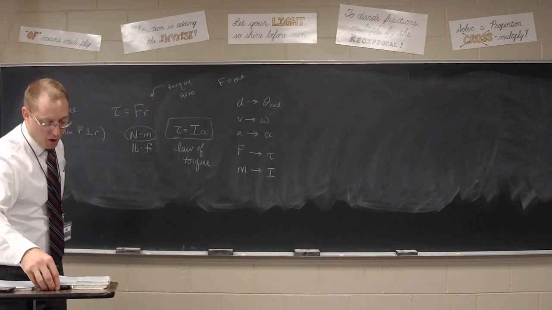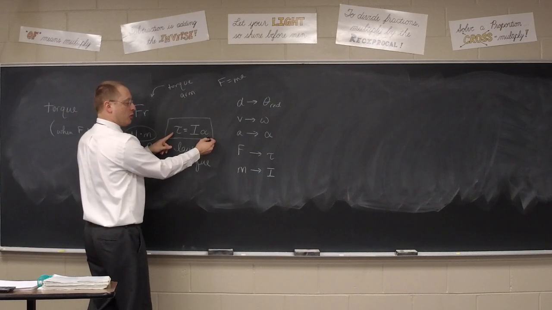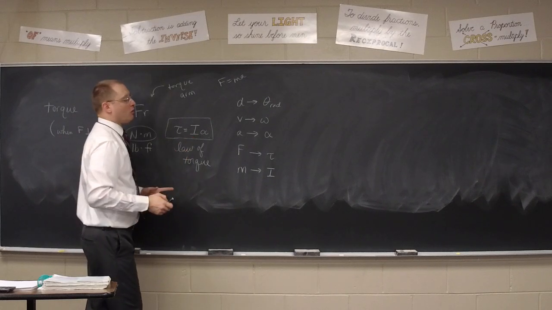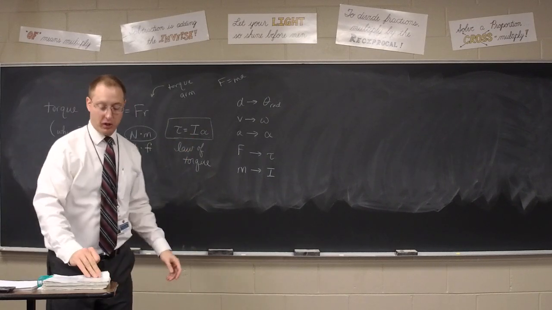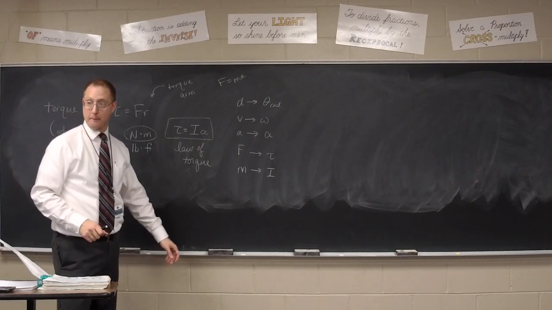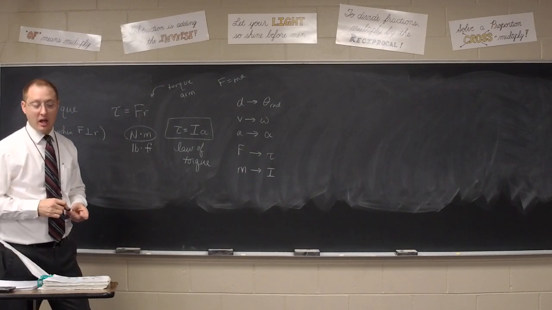So, if we want to calculate the torque needed to accelerate the wheel, I need to account for the rotational inertia of the wheel. Looking back at page 194, what picture are we going with? The annular disk.